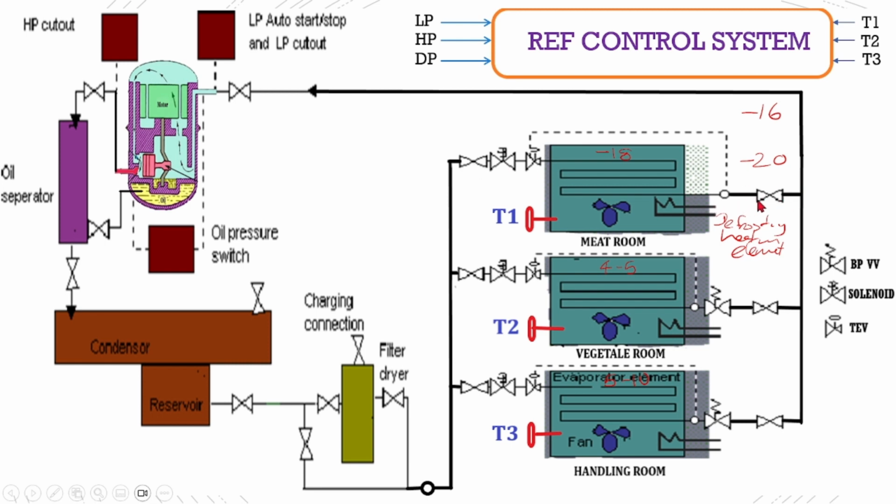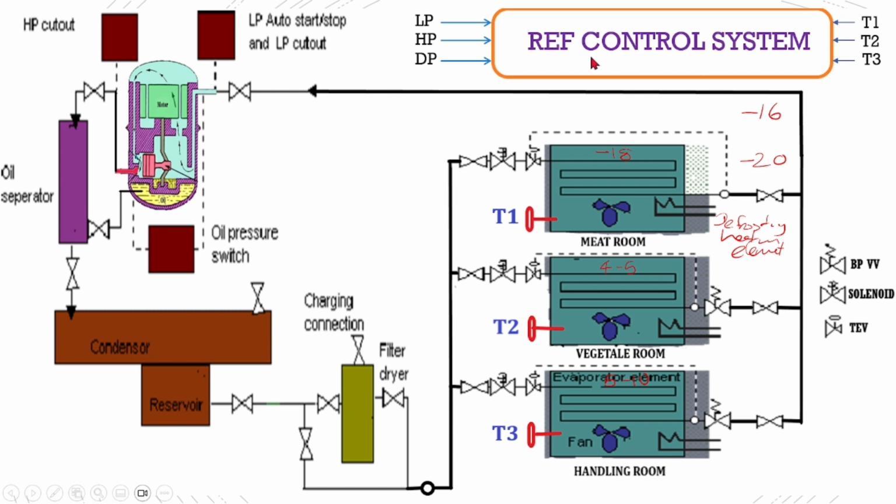The purpose of these two isolation valves is to carry out any maintenance in the space between them. So if you want to replace any valve, or repair the evaporator or fan, then you have to shut these two valves. And the solenoid valve opens or closes according to the signal given by your refrigeration control system.